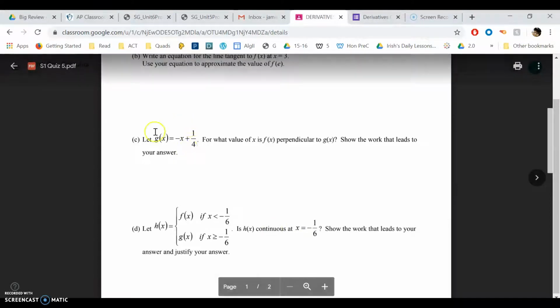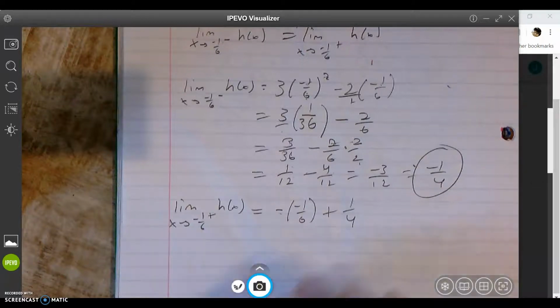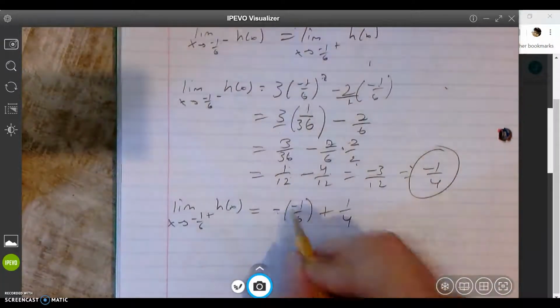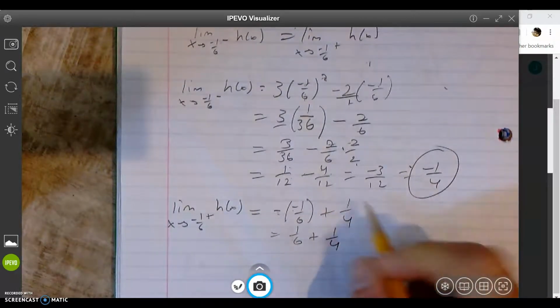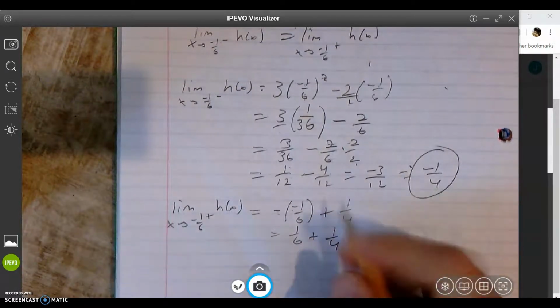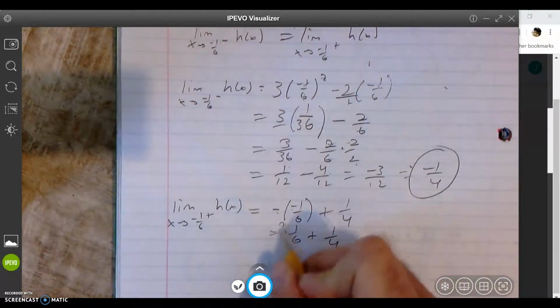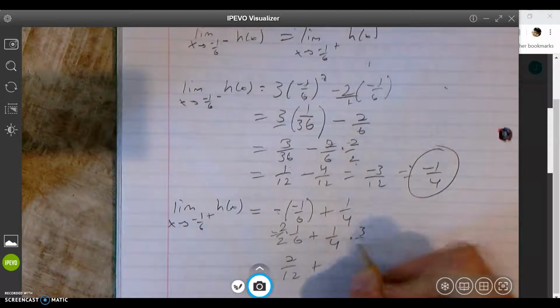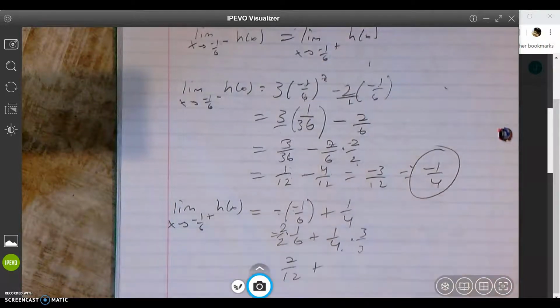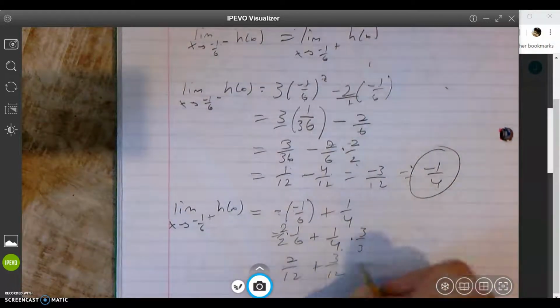Yep, negative x plus 1/4 is g of x. So I'm plugging in, I'm good. Negative times negative is positive. 1/6 plus 1/4. The common denominator is 12, so multiply this by 2 over 2, so it's 2/12, plus, times 3 over 3 because 4 times 3 is 12, 3/12.